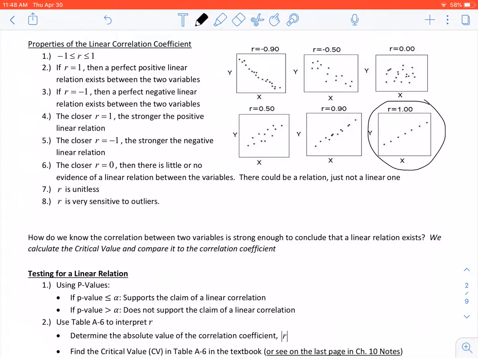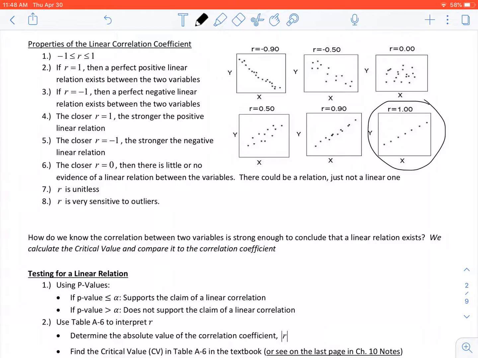Those data points make a perfectly straight line with positive slope. If r equals -1, then a perfect negative linear relation exists between the two variables. We don't have a perfectly negative one in the pictures, but we do have -0.90, and it's pretty close to -1, and those points are looking pretty close to a perfectly straight line.